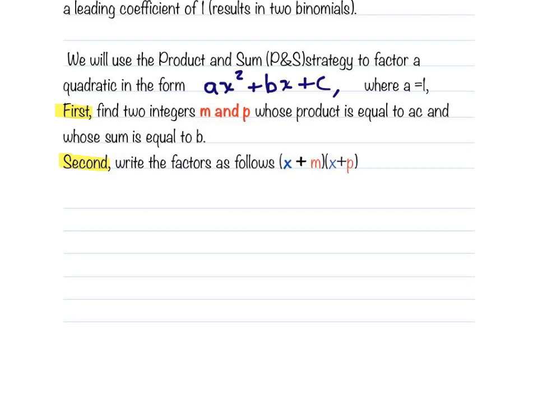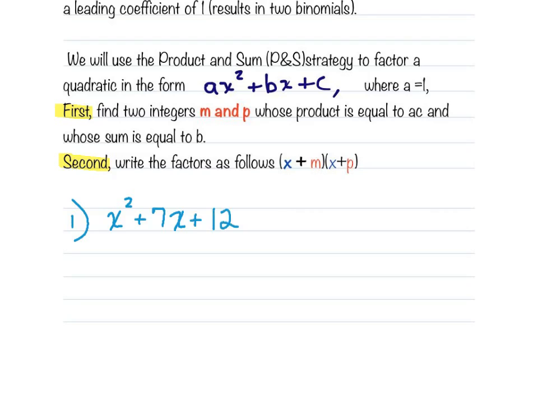Okay, this skill is going to take a little practice, but you'll note that the more you practice, the better you get at it. So let's start with number 1. Here is a trinomial, x squared plus 7x plus 12.